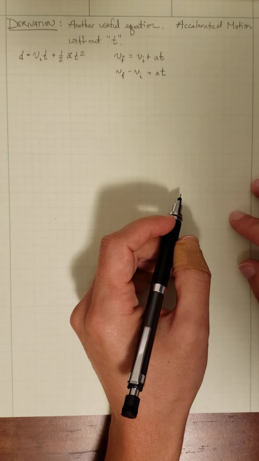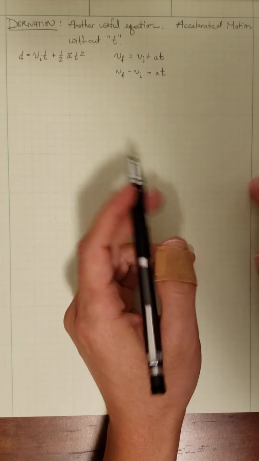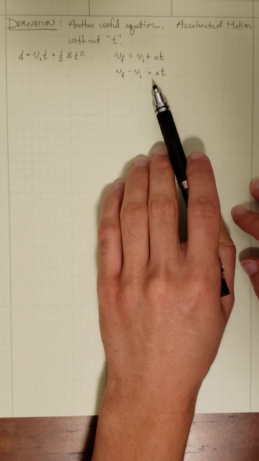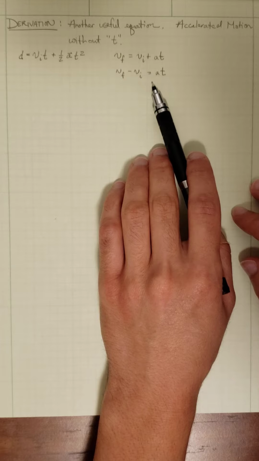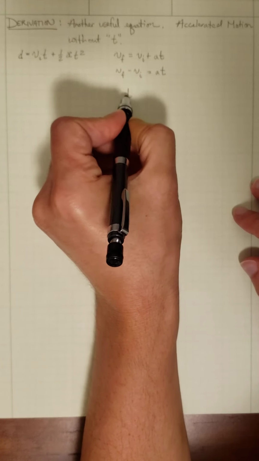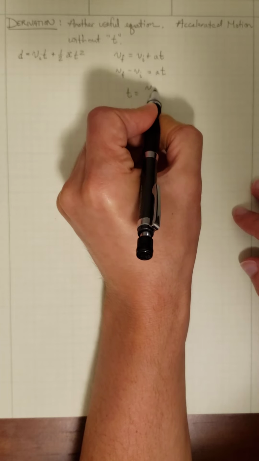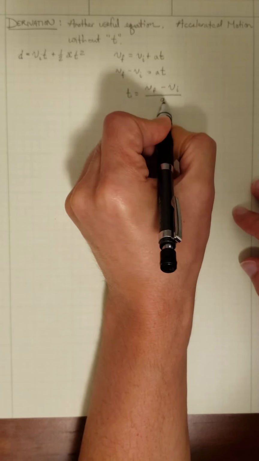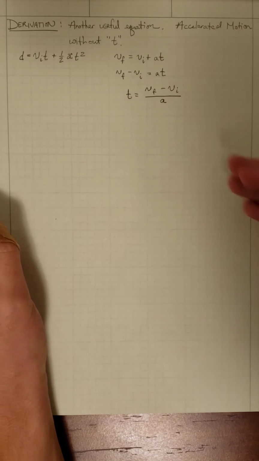We've already seen that back when we were defining acceleration. We saw these. Next, divide by acceleration. And so we have that time is equal to v final minus v initial divided by acceleration. And that's, of course, what we expect to see.